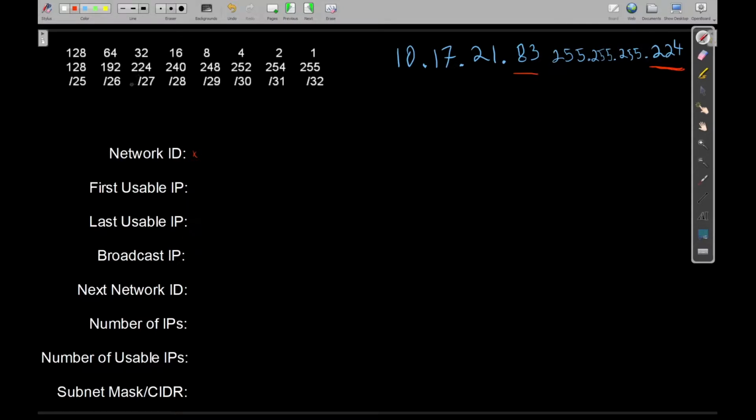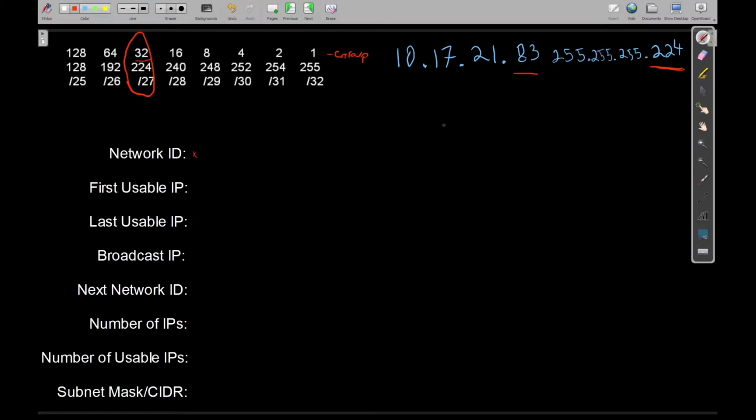So we'll find that over here. Something I should have mentioned, this top row is the group identifier. So it tells us how many different IP addresses are in each network. Since this is a /27, we know that there's 32 different IP addresses in each network.